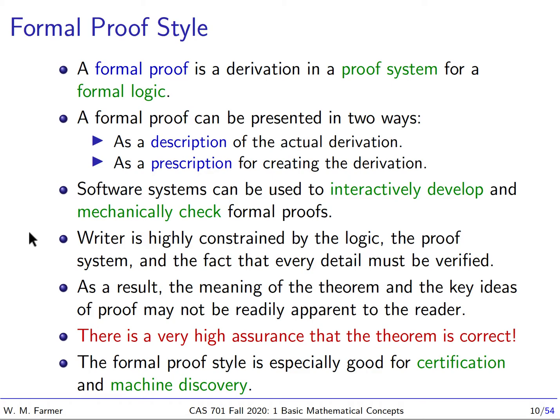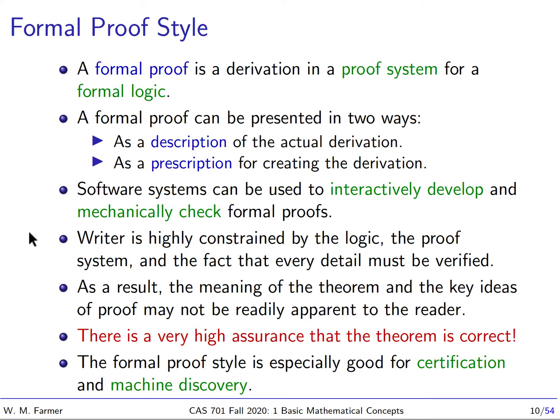So another form of proof, another style, is a formal proof. A formal proof is a derivation in a proof system for a formal logic. In a formal logic, we're going to have a language, and in the proof system, we're going to have rules of inference, and these rules of inference presumably are sound, which means if we start with two assumptions, A and B, and we use the rules of inference to conclude C, then we know C will be true if A and B are true.